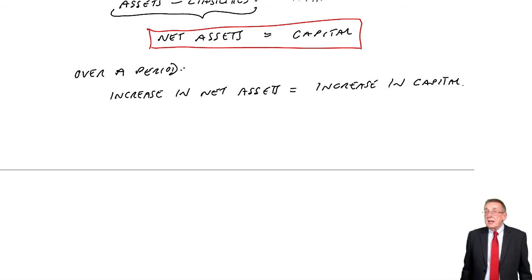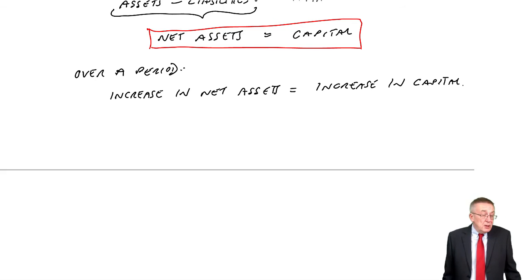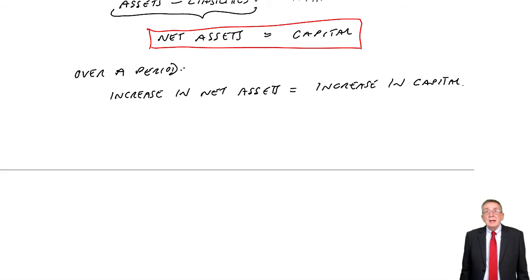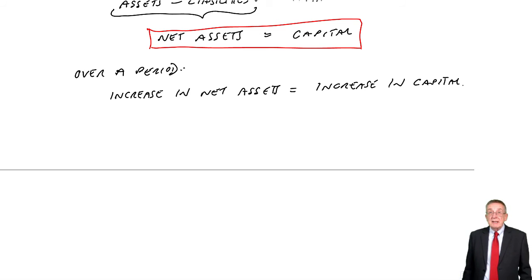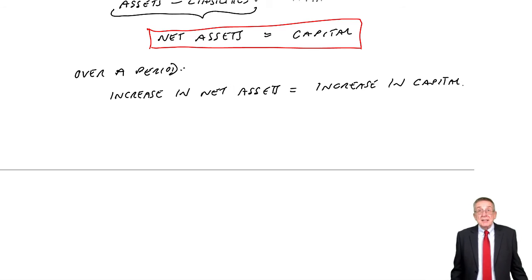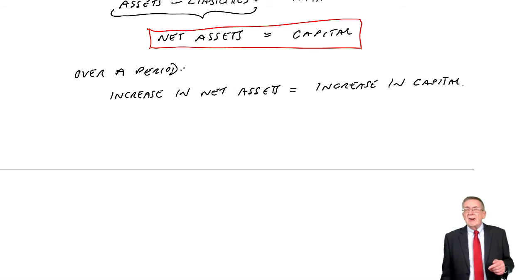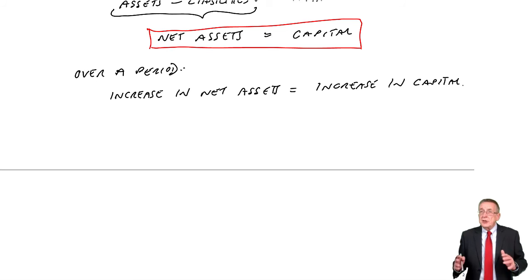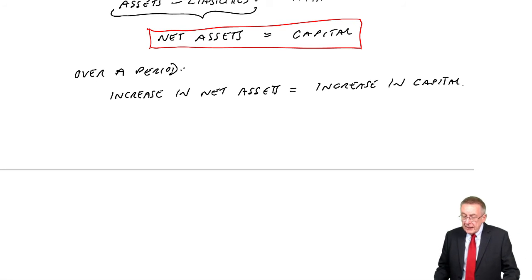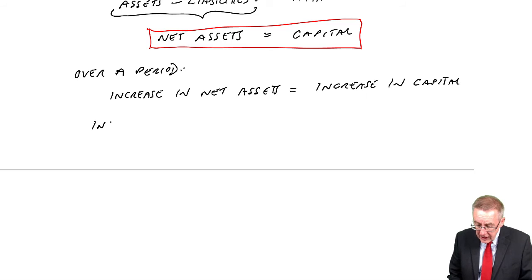Again, in that first example, at the very beginning, before we even started, net assets was 0, capital was 0. By the very end, I can't remember the exact figures, but the net assets were higher and the capital was higher. But they'll both change by the same amount. Finally, though, why will the capital change?